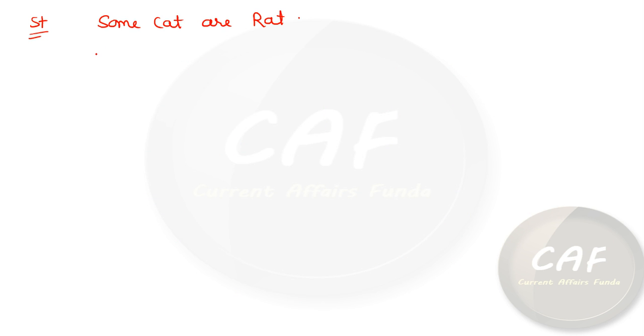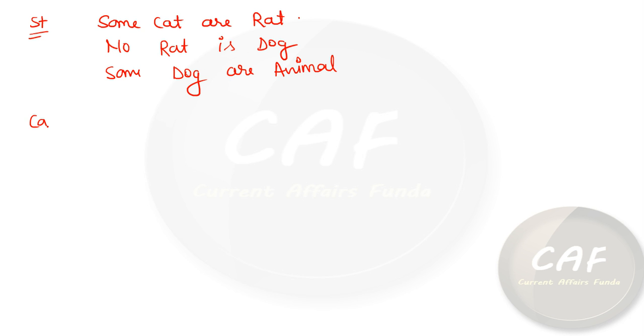Second is no rat is dog. Third statement is some dogs are animals. These are the three statements.